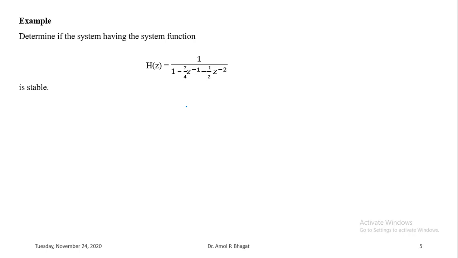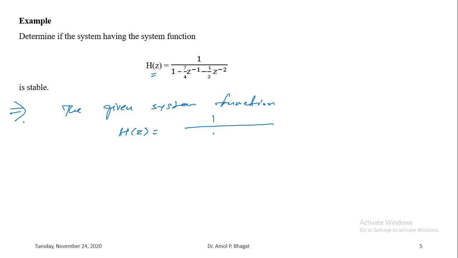Here the system function H of z is given, and it is in the required form already. We have to determine whether the given system is stable or unstable. The given system function H of z is 1 upon 1 minus 7 by 4 z inverse minus 1 by 2 z to the power minus 2.